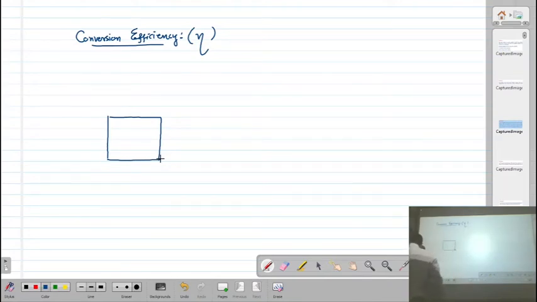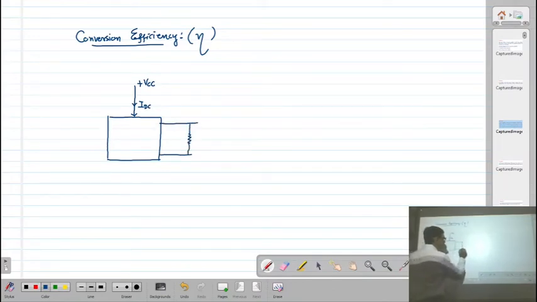What is that? To this amplifier we are connecting a DC voltage, correct? And due to this DC voltage, there will be a flow of DC current. Here in the output we have a load RL.